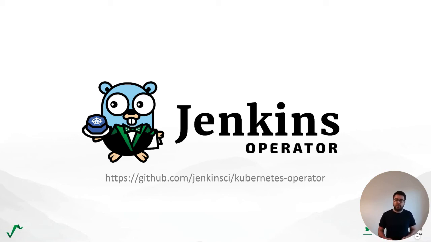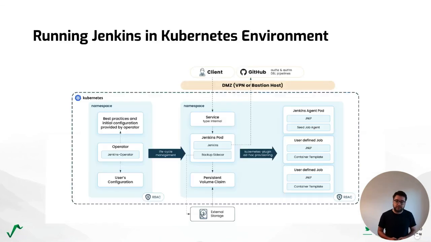So Jenkins Operator takes care of lifecycle management of Jenkins. It also provides some additional configuration options, like pipelines as code, like everything what we discussed so far. It's part of the Jenkins Operator itself. So definitely worth to take a look and give a try.